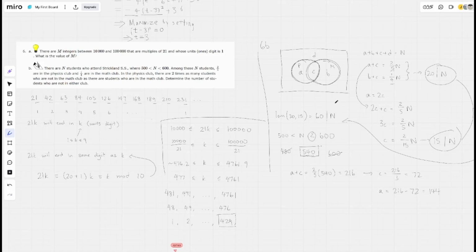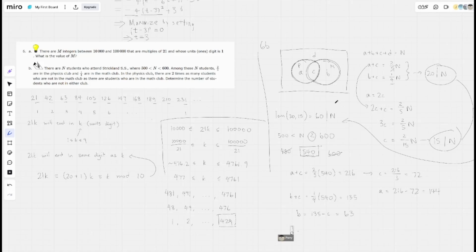So now we know what A and C are. Now, from the second equation from above, we have that B plus C is equal to 1/4 of 540, which is equal to 135. Therefore, B is equal to 135 minus C, which is equal to 63. Finally, we know that A plus B plus C plus D is equal to n.